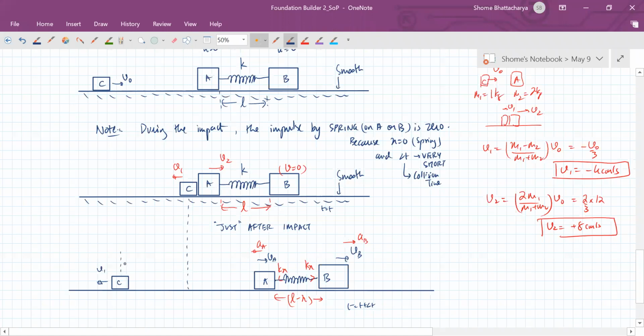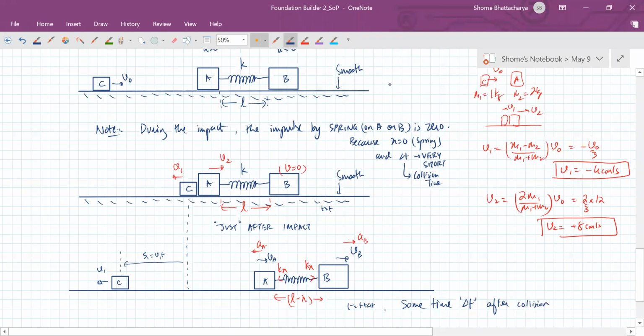You can see that C has displaced by V1 into T. Okay, but A and B have displaced by different amounts because the spring is compressing. So sometime delta T after collision. This is what the diagram looks like.